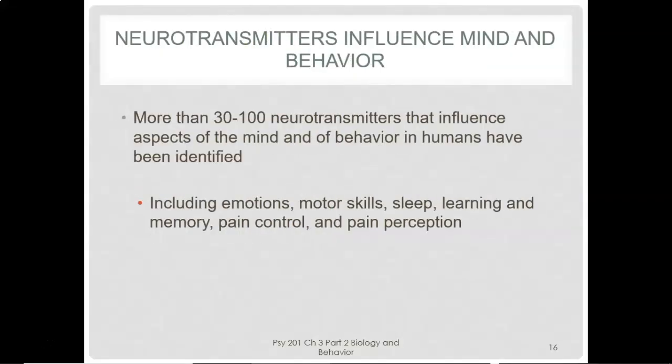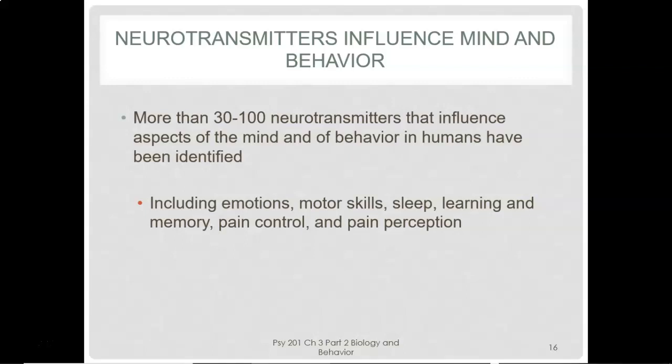Now there are more than 30 to 100 neurotransmitters. I know, I wish they'd give us a more specific number than this, but that's what we've got. These neurotransmitters influence aspects of the mind and of behavior in humans. Other mammals use synaptic transmission too, but we're going to focus on human behavior and cognition.